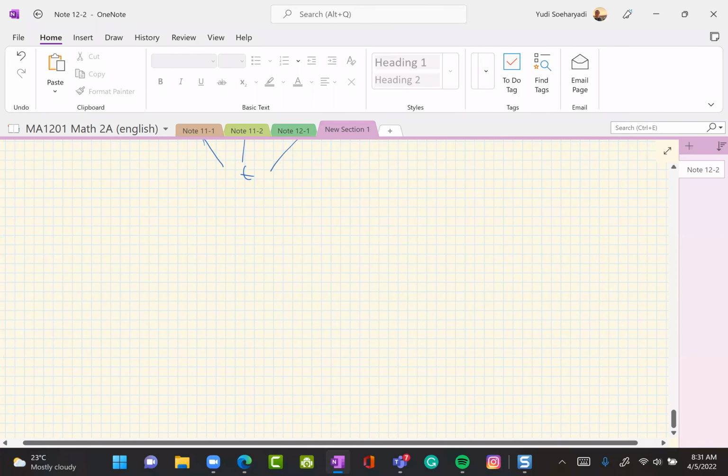Another version of the chain rule is this one. Suppose W is a function of x and y, x is a function of s and t, and y is a function of s and t, like this.